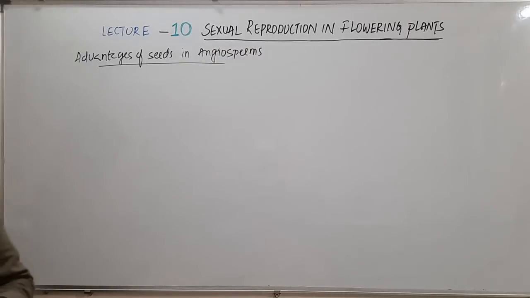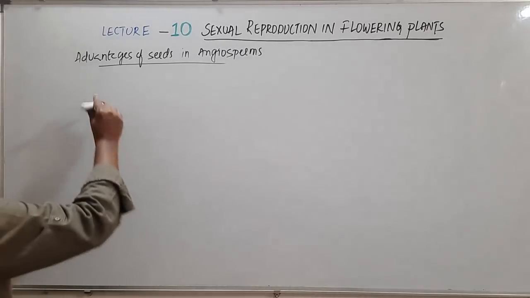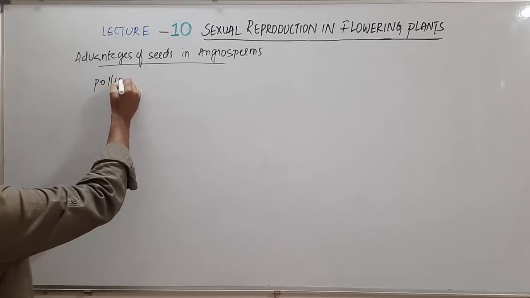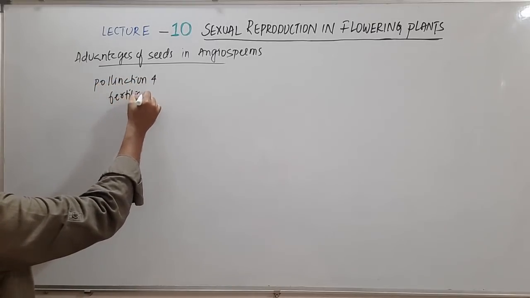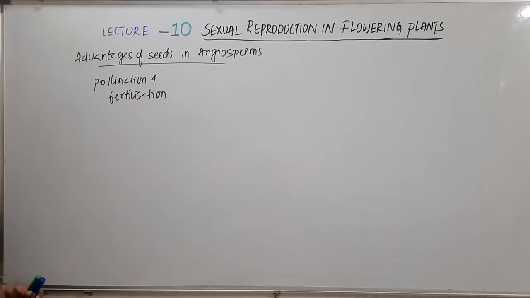Right. So here we know that the reproductive processes include pollination and fertilization. In the case of the lower groups of plants, this process of fertilization will depend on water.